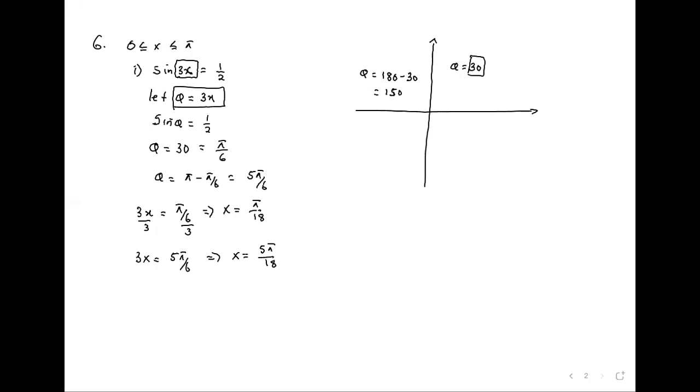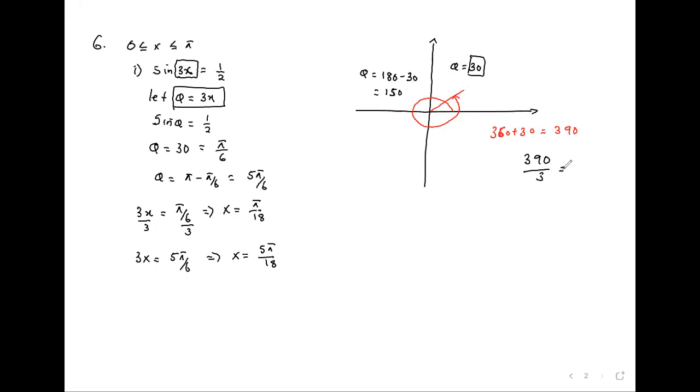Using 30, we can go around 360 and add 30. I look for an angle which is coterminal to 30, and this is 360 plus 30, which is 390. Now let's see if when we divide 390 by 3, we can still come back to between 0 and 180.